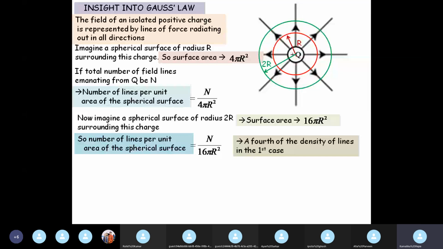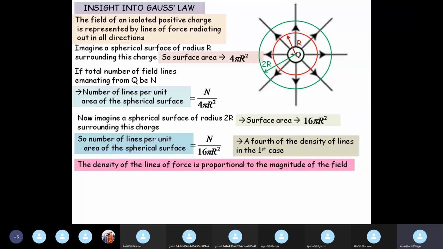That as we move far away from the charge, the strength of the electric field will decrease. The density of the lines of force is proportional to the magnitude of the field. As we move further away from the charge that is creating the field, the density of the lines of force will decrease. And it is clear from the picture also. The density of the lines of force for the red sphere is definitely more than the density of the lines of force for the green sphere.